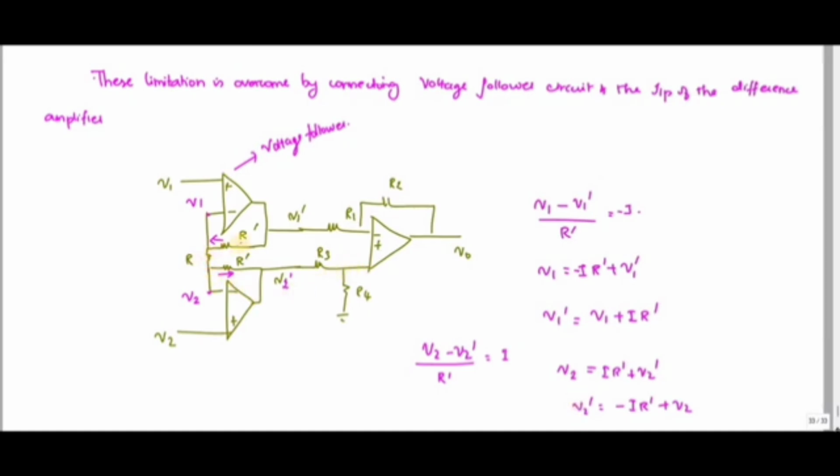So this current is nothing but I that is flowing in this direction, okay. So this is your current. This current I can write as V1 minus V2 divided by R, okay. So you substitute in these two equations. This is your first equation and this is your second equation, okay.